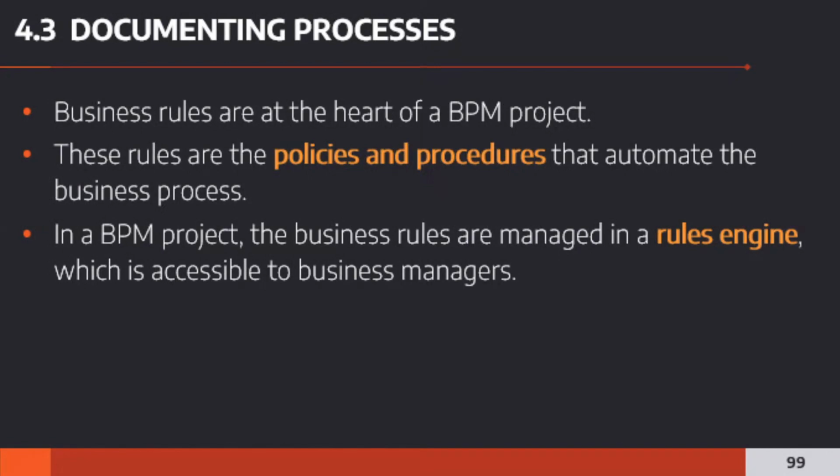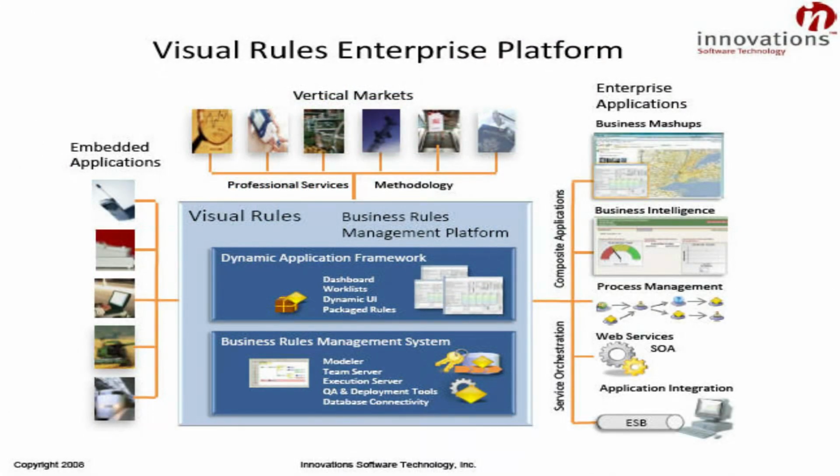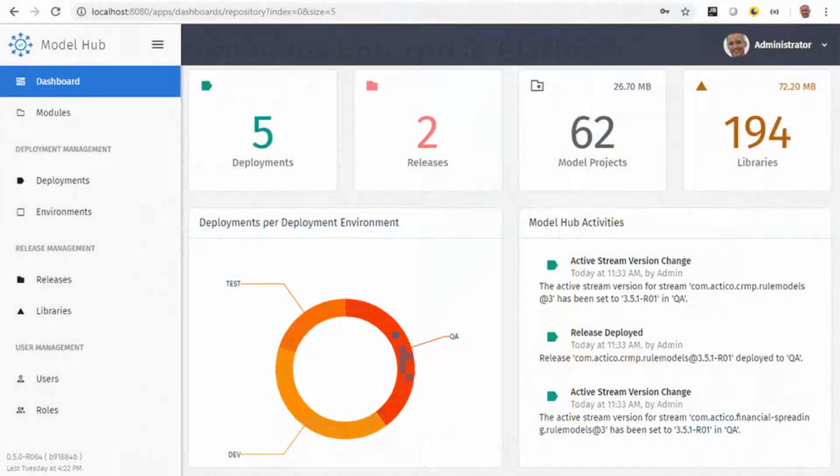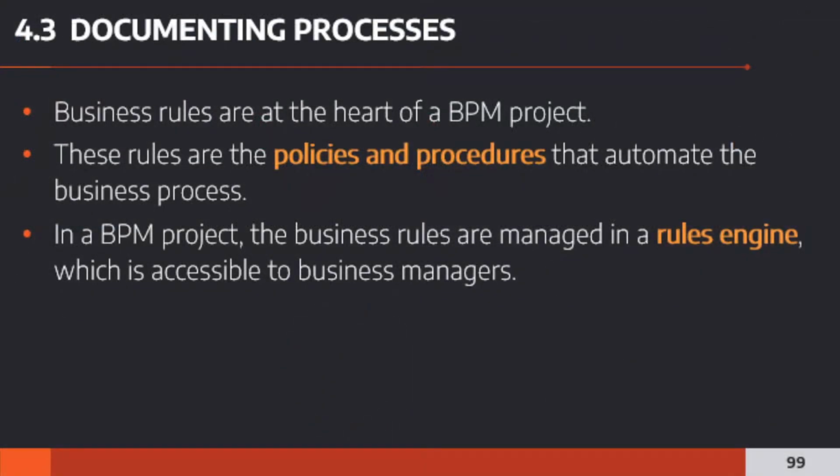Now, you might ask, what is the rules engine? Well, the business rule engine is a software, a system that executes one or more rules of the business in a runtime production environment.